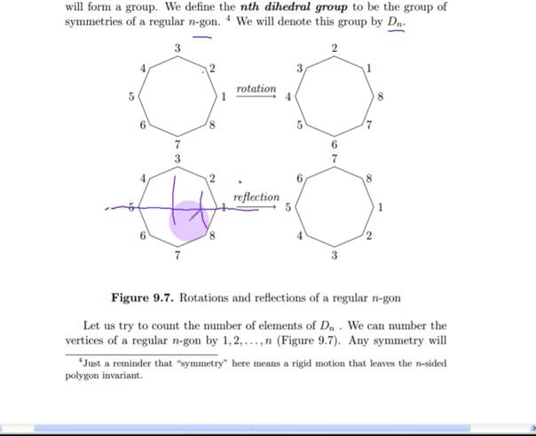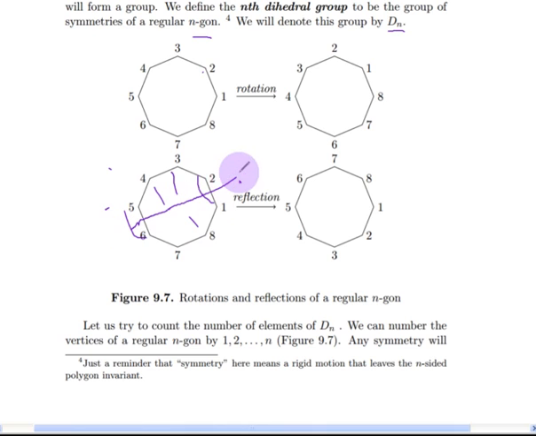But I could also choose an axis like this and spin it around. That means 1 and 2 would interchange, 3 and 8 would interchange, 4 and 7, 5 and 6 would interchange. So there are 4 axes through the vertices, and there are 4 axes through the edges.